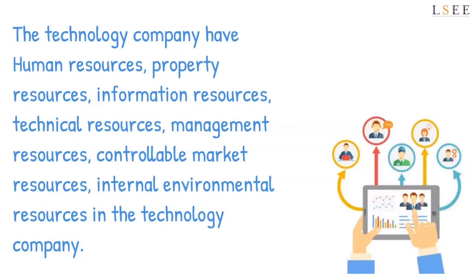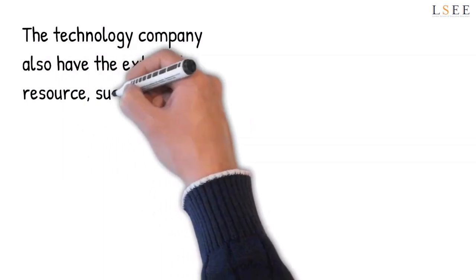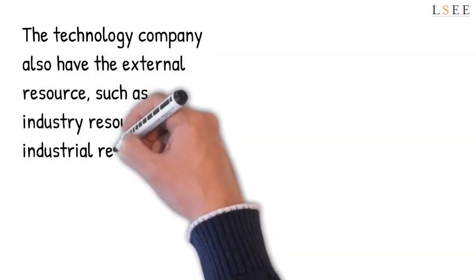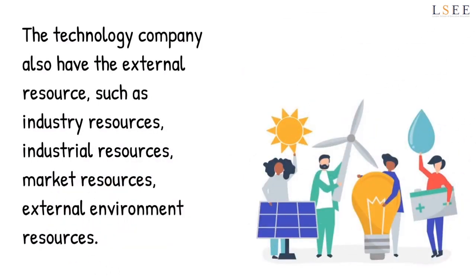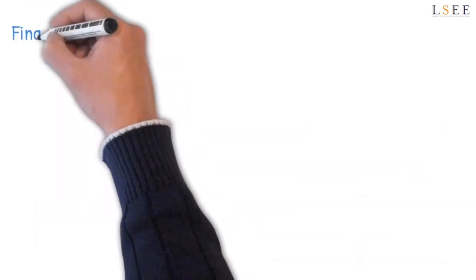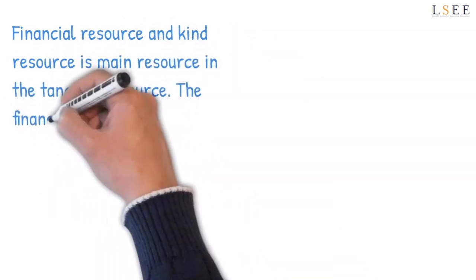The technology company also has external resources, such as industry resources, market resources, and external environment resources. Financial resources and kind resources are the main resources in the tangible resources.